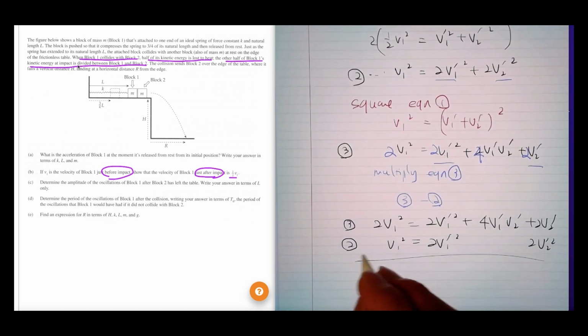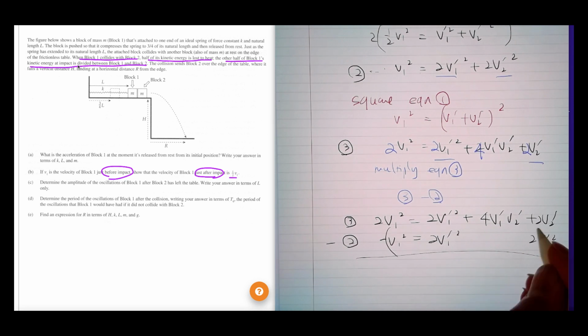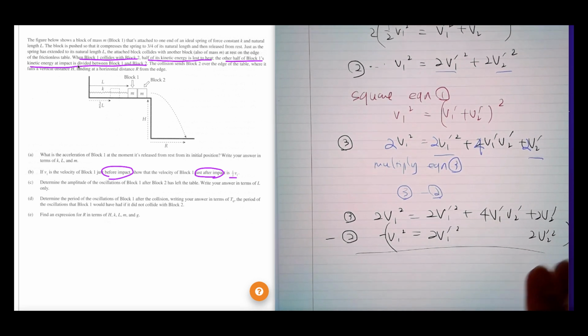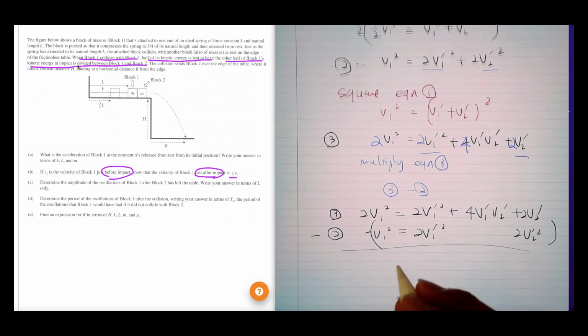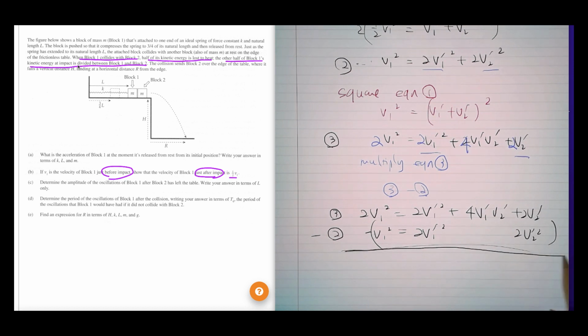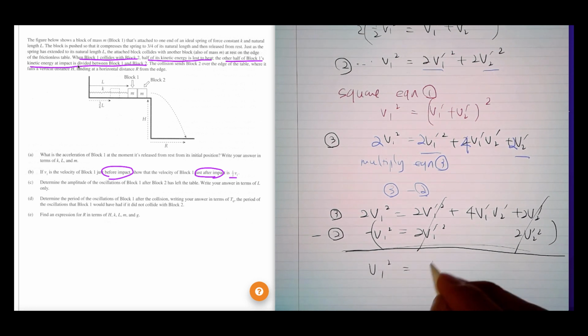Okay, I'm going to subtract the entire equation. And when I do that, these 2 variables go away. I get b1 squared is equal to 4b1' b2'. So we're almost there.